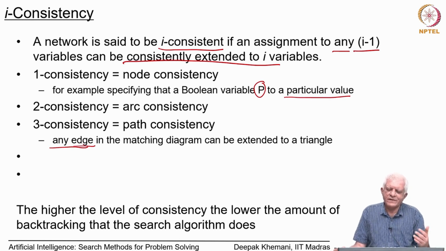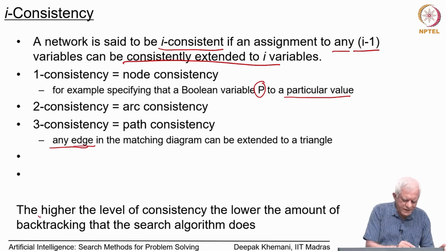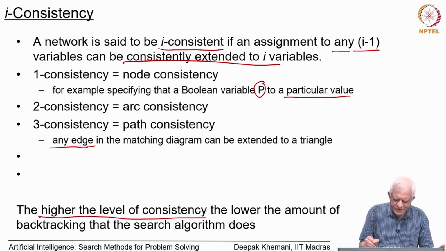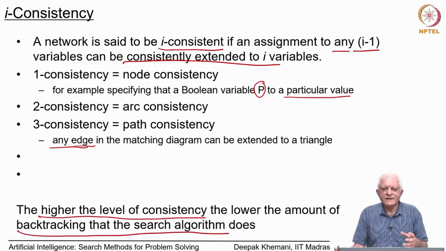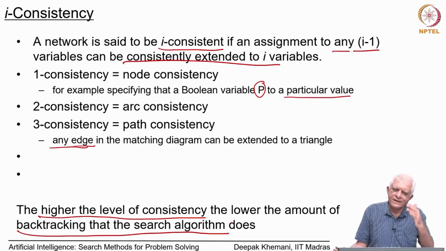When we study this relation between consistency and how much search it does, it turns out that the higher the level of consistency, the lower the amount of backtracking that the search algorithm does. There is a certain amount of consistency that if you do, then the search will be backtrack free. What is the advantage of backtrack free? You will just end up taking those variables in one by one, and you will find a solution. You will never have to backtrack essentially.